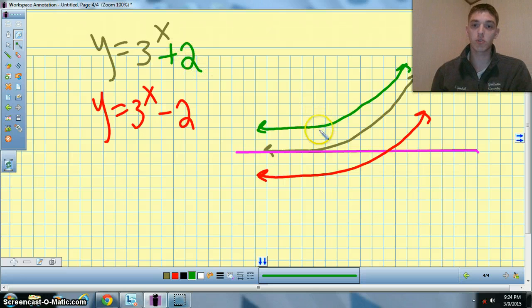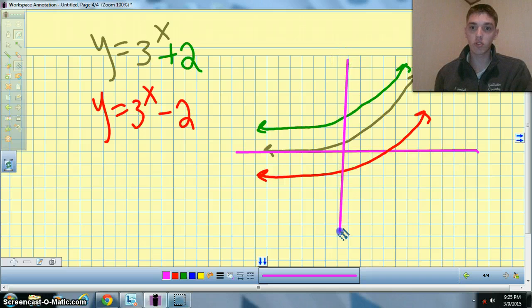Plus 2. Okay, so our original graph, the brown grayish looking line, is y equals 3 to the x.